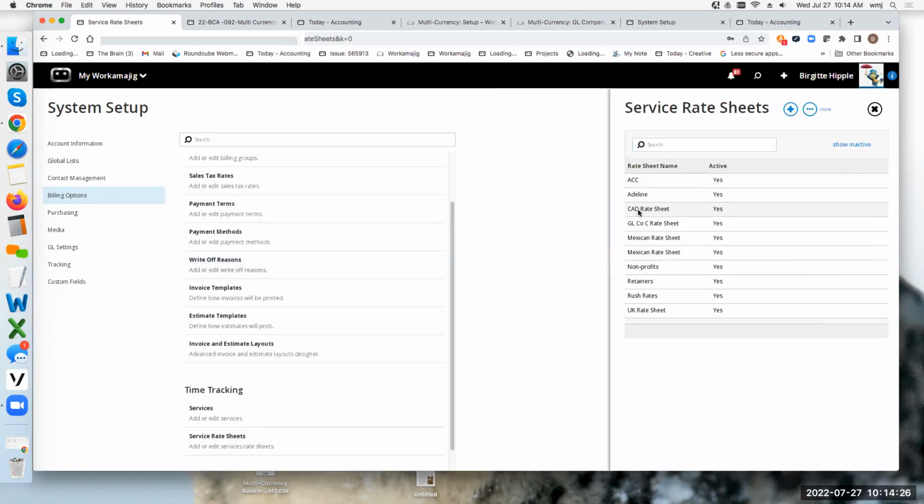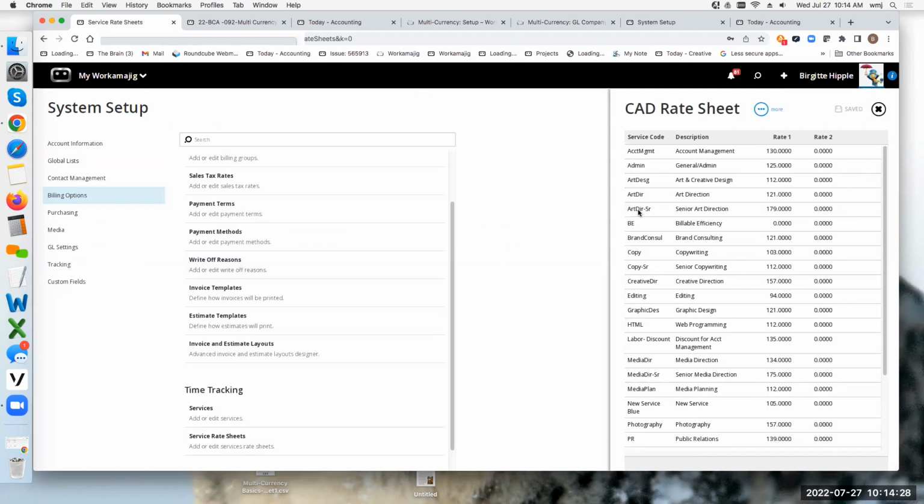The thing to remember about service rate sheets is it is just a number. There is no currency attached to either services or service rate sheets. It just says account management 130. It is the currency on the project that determines whether this rate is a foreign currency or not.